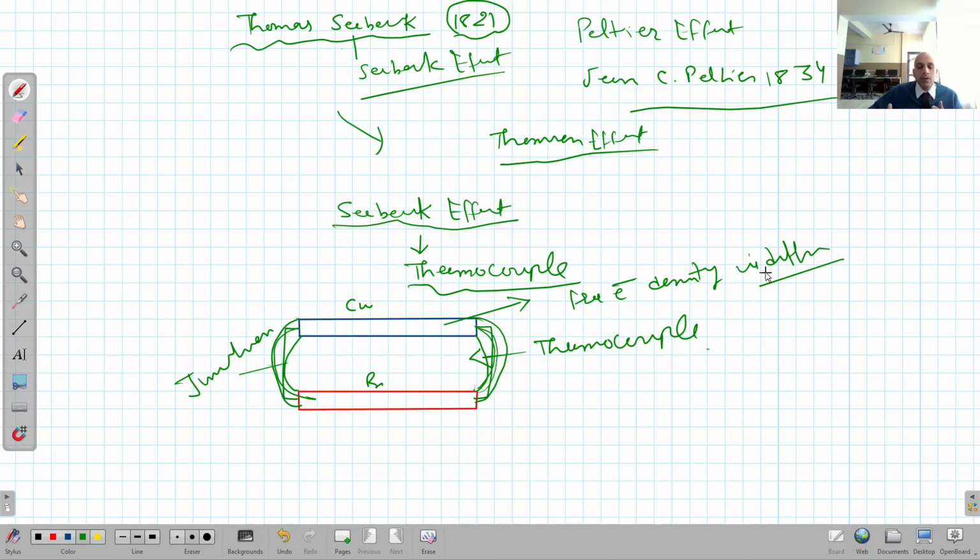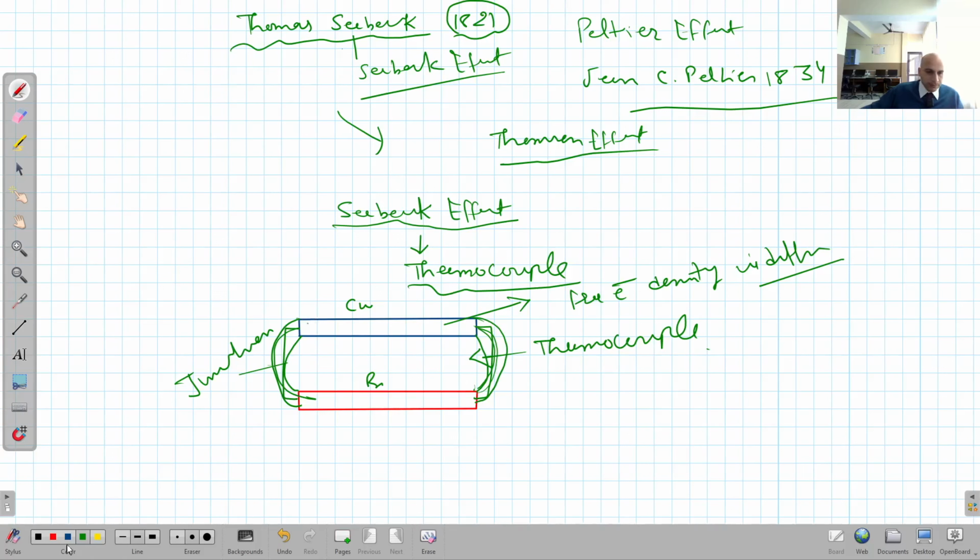We have learned about it in statistical and thermal physics also. Different metals have different free electron concentrations, that is, I'm writing here density of free electrons. So when I join one metal with another, suppose for example copper has high density, it means copper has more free electrons, right?